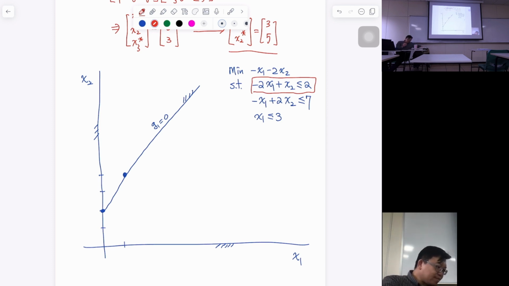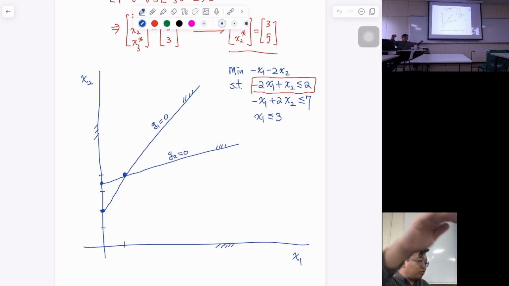The second one, 1/2. So 1/2, 3.5. So it's right here. Yeah, 1/2. So it's like this. Plug in 0, 0. Okay, so this is your G2. On the line is G2 equals 0.